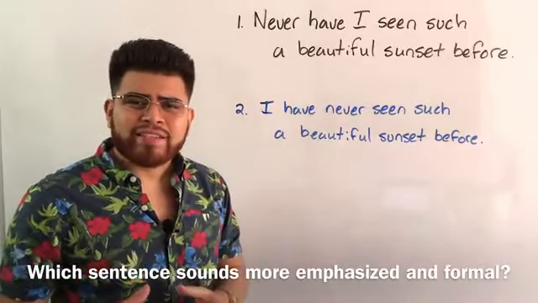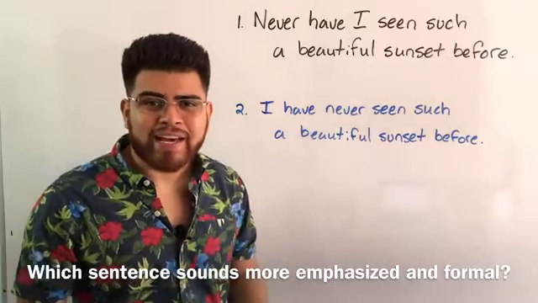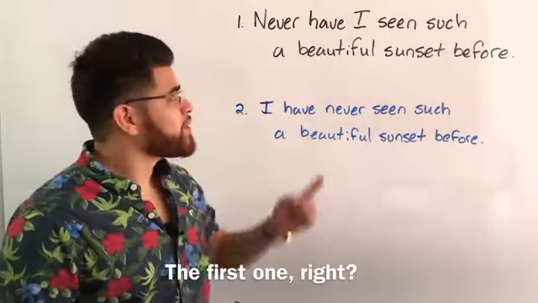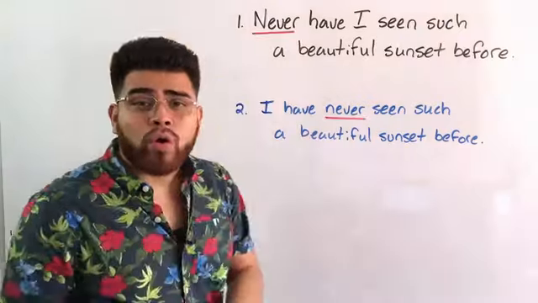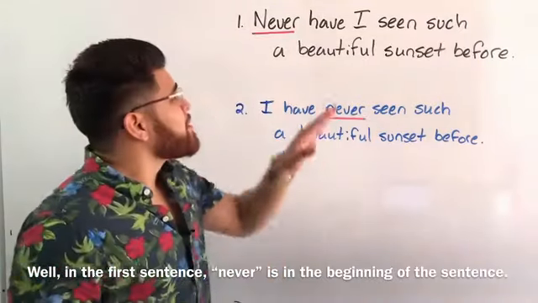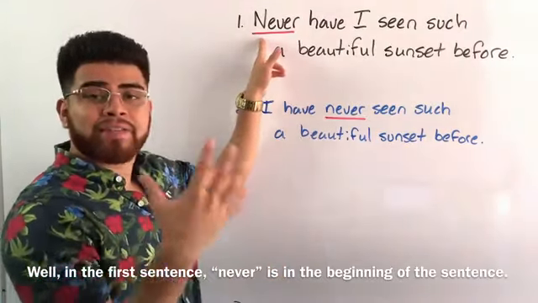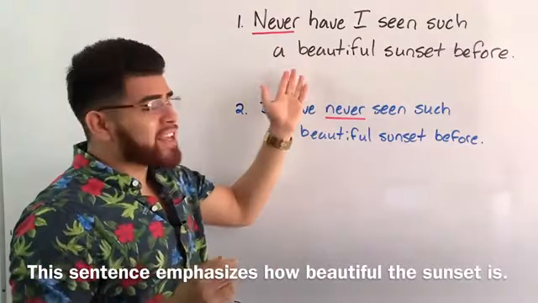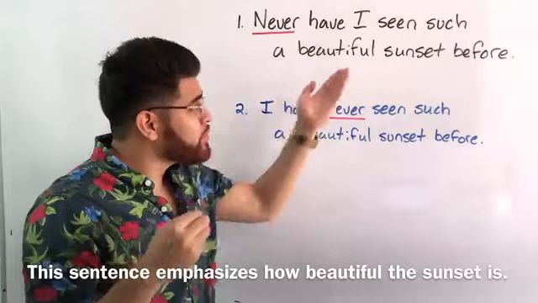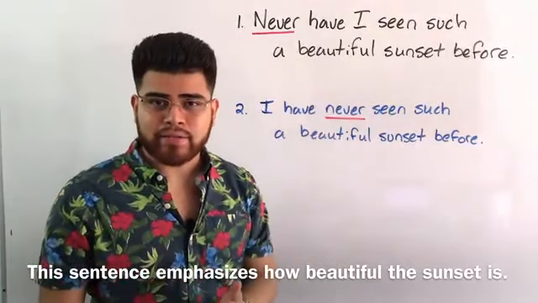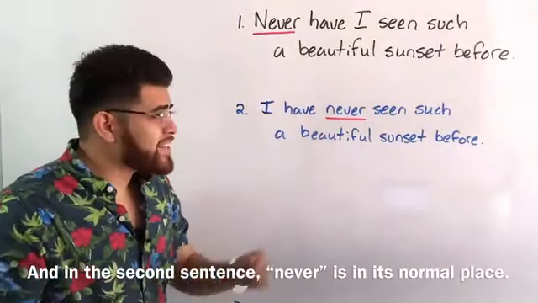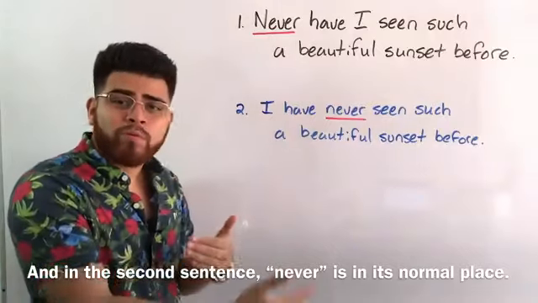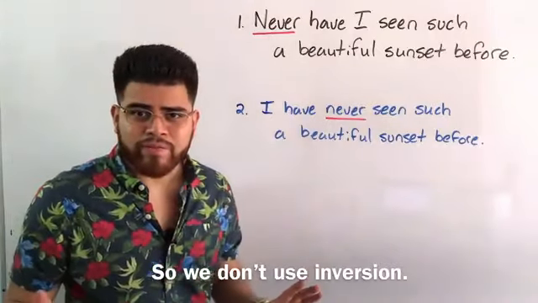Which sentence sounds more emphasized and formal? The first one, right? Well, in the first sentence, never is in the beginning of the sentence, so we use inversion. This sentence emphasizes how beautiful the sunset is. And in the second sentence, never is in its normal place, so we don't use inversion.